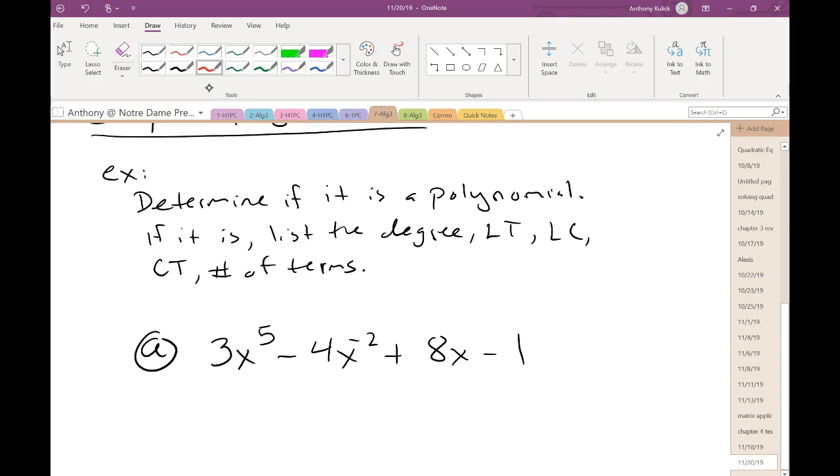We need to check that each of the things being added together is a monomial, right? Is 3x to the fifth a monomial? Yes. Is 4x to the negative 2 a monomial? No. So can this be a polynomial? No. So we're done. And again, the issue is we have a negative exponent there.